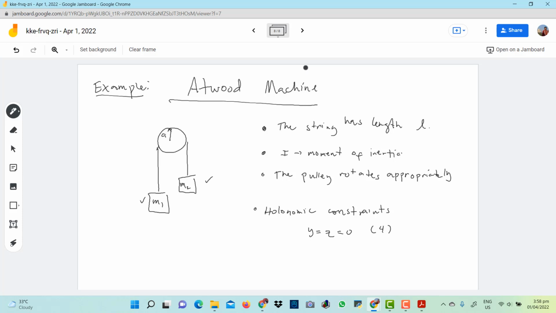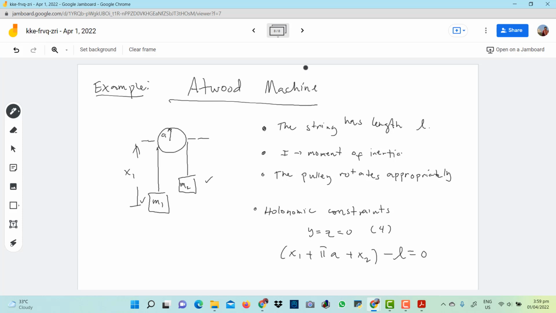And the constraint for the pulley is x1 plus pi a plus x2 minus L equal to 0. I will let this one be x1.